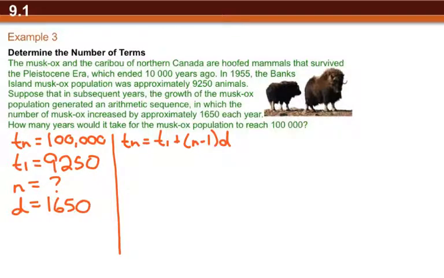There's our formula. We can fill in what we know. Would help if I actually filled in D there.